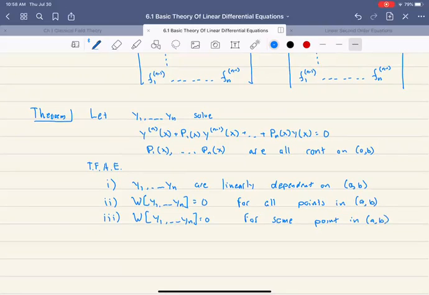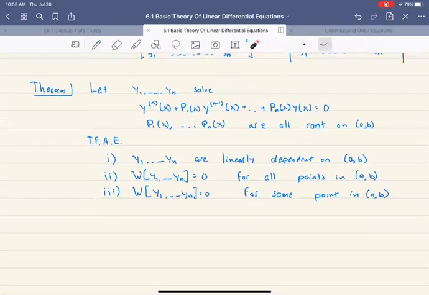This is really powerful because what this says is that we don't have to look at all of them. We just have to look at some point where the Wronskian is 0, and if it happens somewhere, it's linearly dependent.